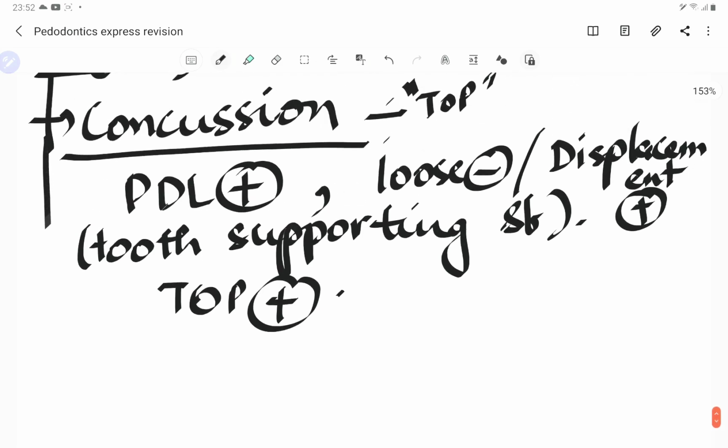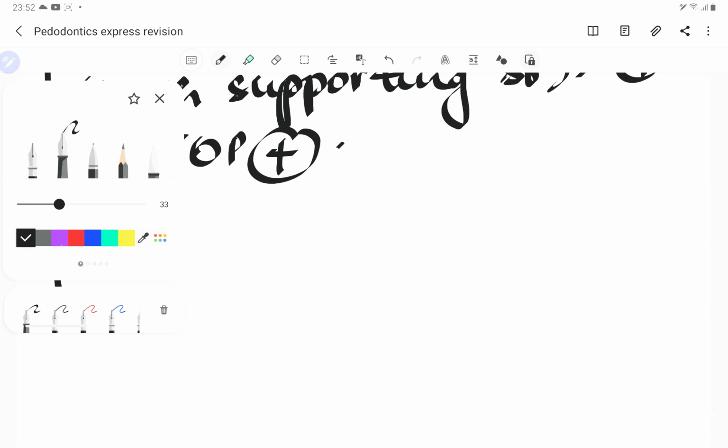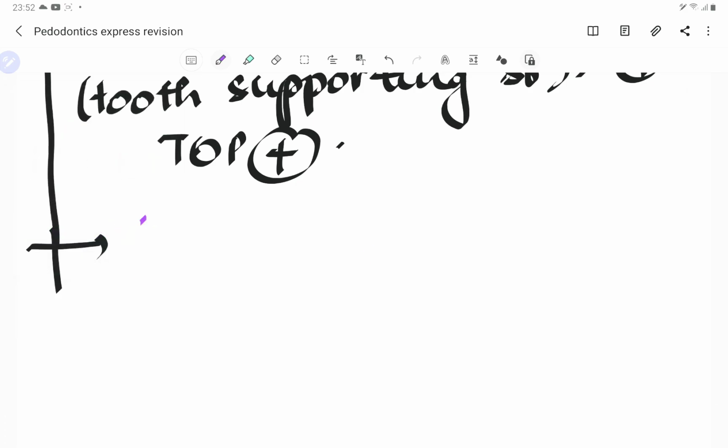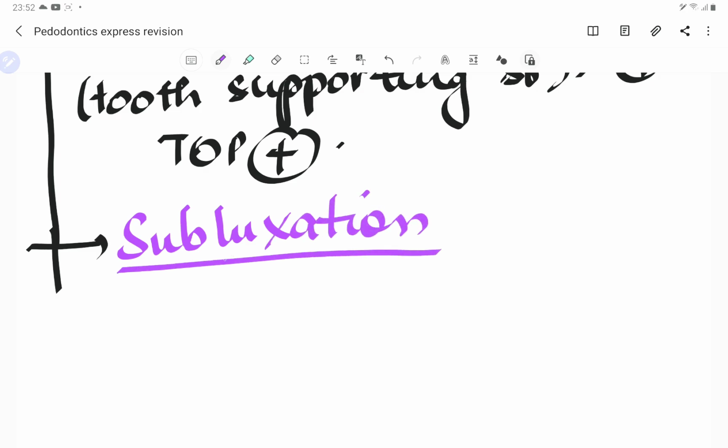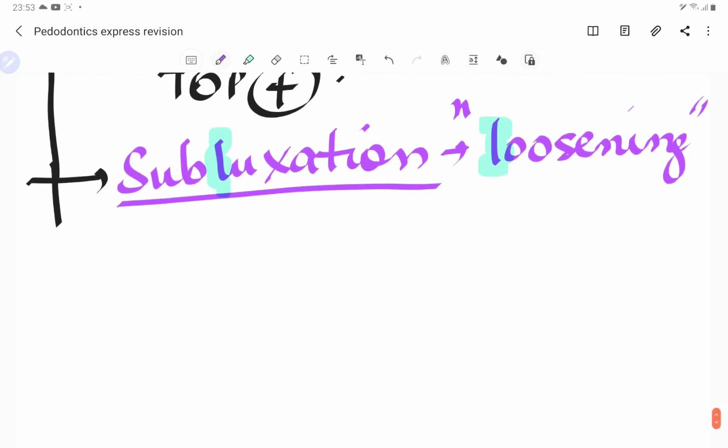Next one we have, let's take a different color, is the subluxation, guys. Subluxation, you can remember it from loosening. Take this L word and then go for the term loosening. So what happens here? There is definitely going to be tender on percussion, positive for this.